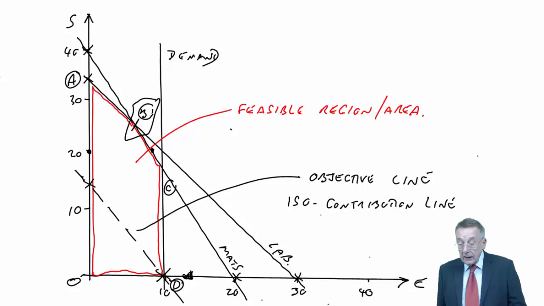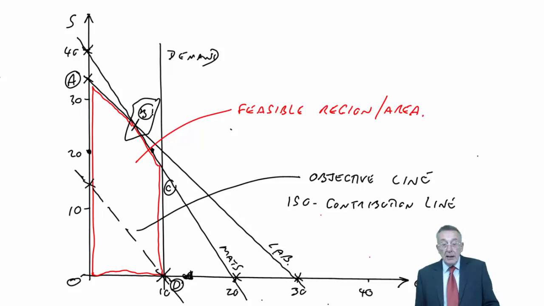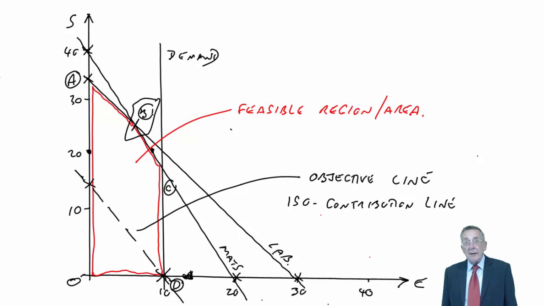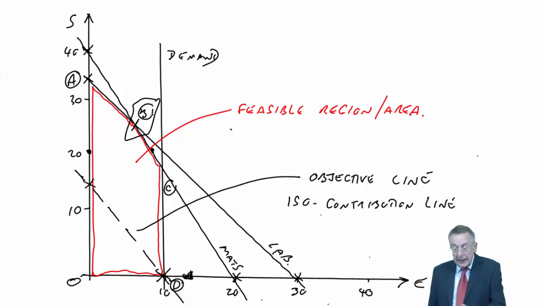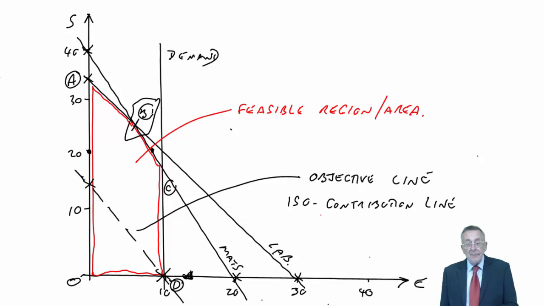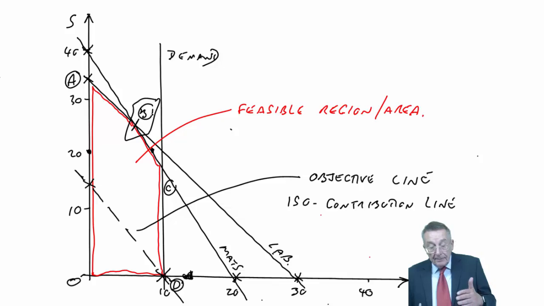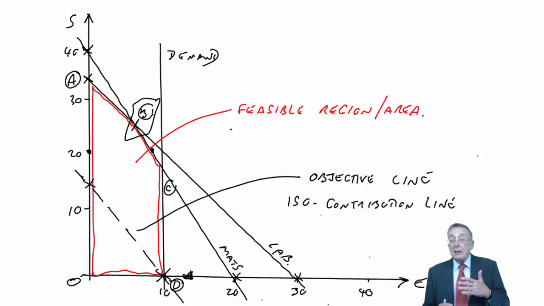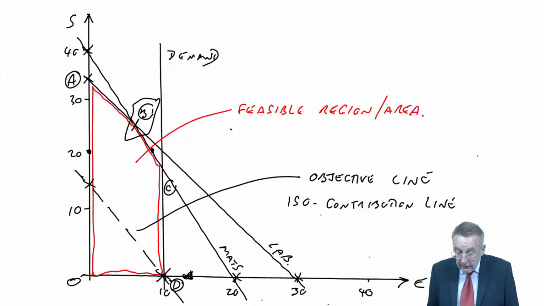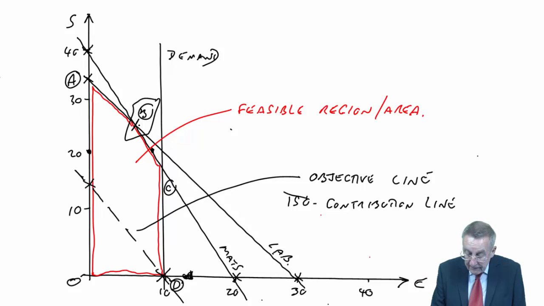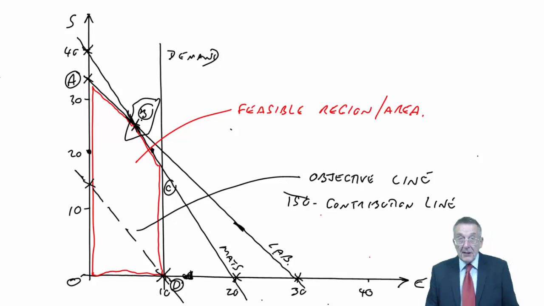However, in the exam, although I've said you won't be doing the whole thing, what they're certainly likely to test you on is that you can determine the value not by reading from the graph, even if they've drawn you one, but you can determine it by solving the lines together. The point being that point B, where the maximum is, is where the labour line crosses the materials line.